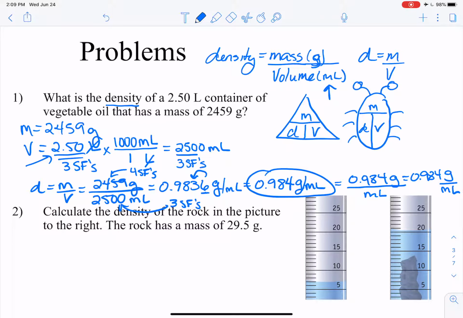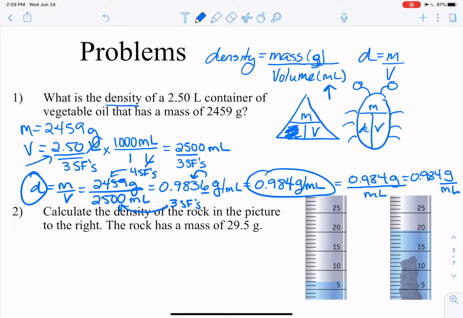They're all the same. Now, if we were to use the density triangle or ladybug, which we really don't need in this problem, but we might need in problem 3, it works like this. You're solving for density. So if you have the density triangle, whatever you're solving for, you put your finger over that.